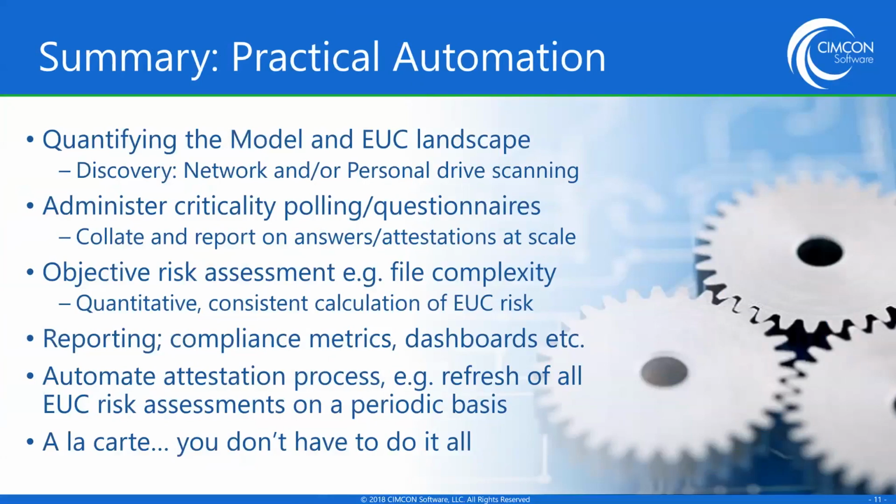So just trying to wrap up from a summary perspective in terms of ways that automation can bring practical value to day-to-day operations. The end game in all of this is really about reducing errors.